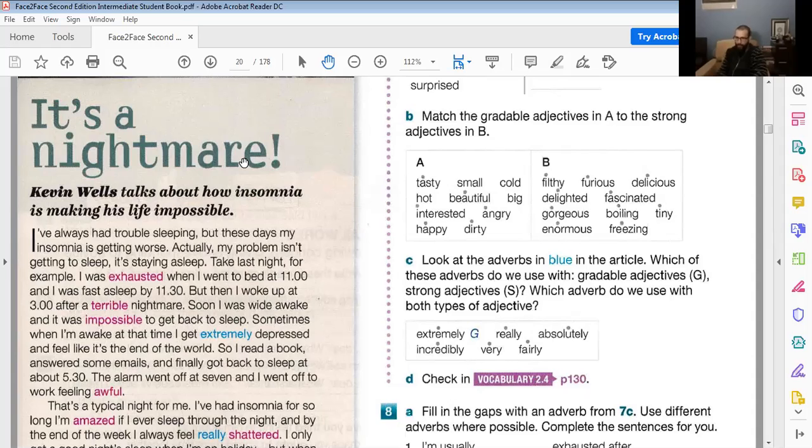Maybe the nightmare is the cause of insomnia. Is that what you think? Maybe. Yeah, I think maybe he's afraid of night. He doesn't like night because he didn't sleep.